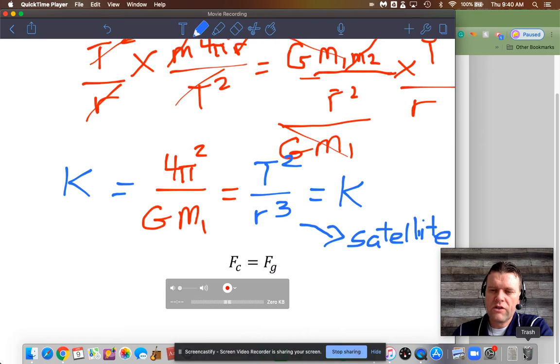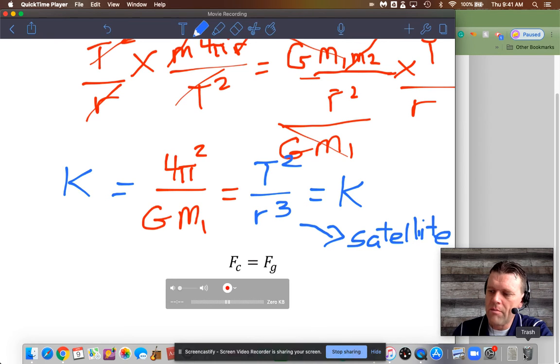And r is the orbital radius, and that's always going to be from center to center. I'll show you that on your formula sheet in a minute. But r is the distance from the center of the planet to the center of the sun, or whatever it is. So T and r deal with the satellite primarily.